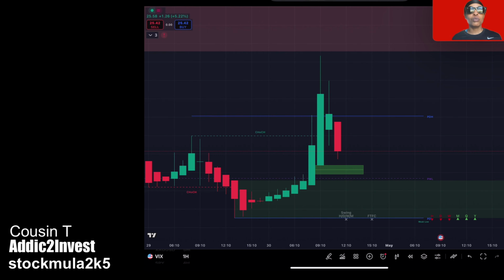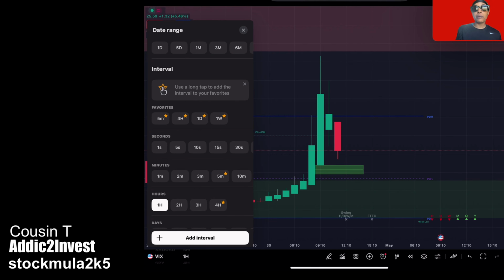It's like a cheat code. If it didn't break it, or if we broke it, are we going to get back to it? Or are we going to go over it and continue moving up? Or are we hovering over it, teeter-tottering, or are we just going to break under? So on the 1 hour you get that break under the previous daily high.